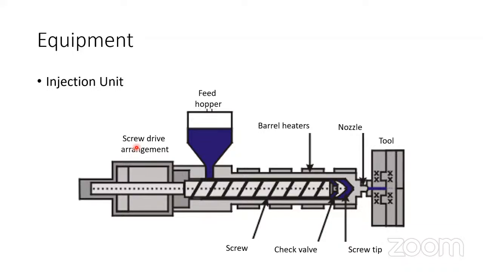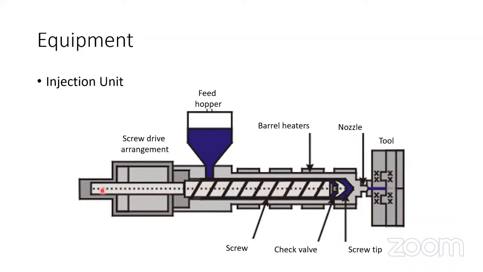The main function of the motor is to rotate the screw. In this case, the screw rotates anti-clockwise. Remember this thing. It rotates anti-clockwise, and while it is rotating, it comes in the backward direction like this.